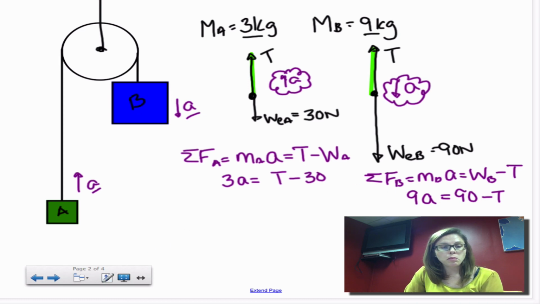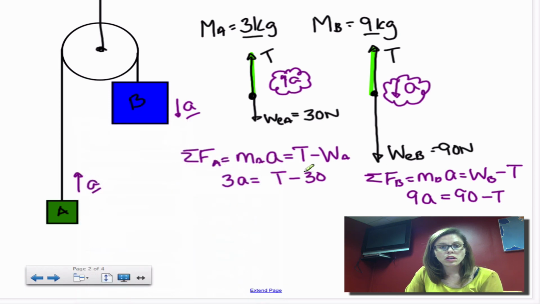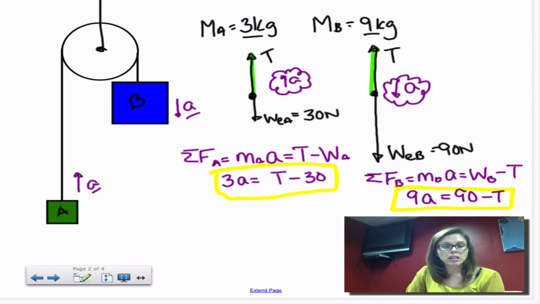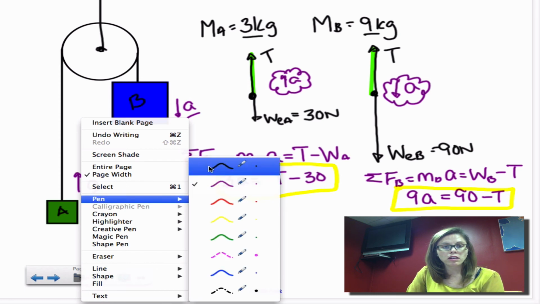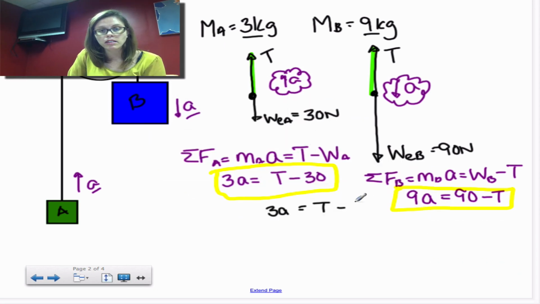Now, at this point, we have two equations. We have two equations and two unknowns, and it becomes a math problem. And these tend to be very simple to solve if you just stack them. So we go 3a equals T minus 30, and 9a equals, and I'm just going to put the numbers over the numbers.